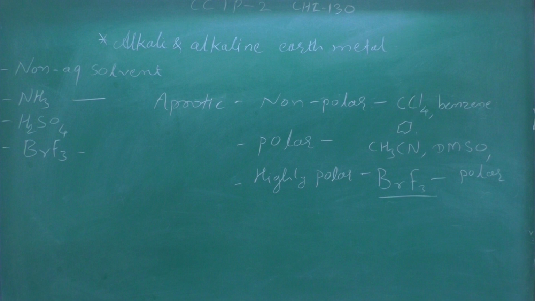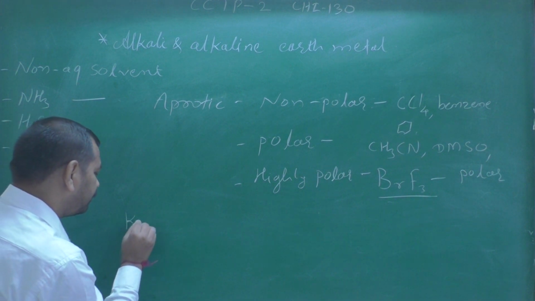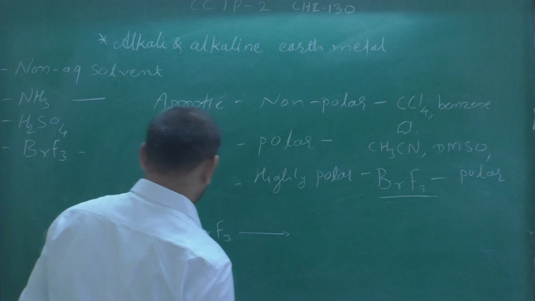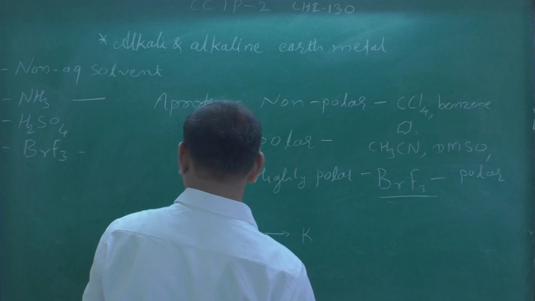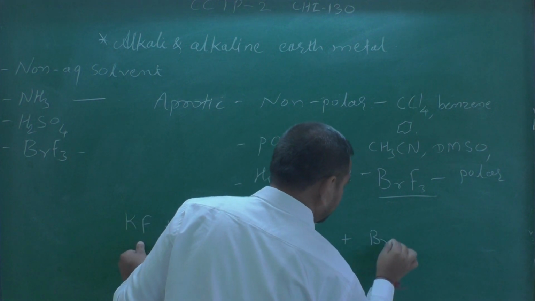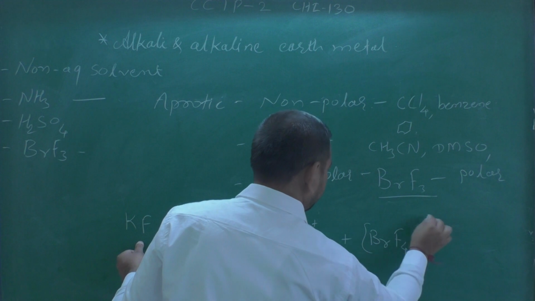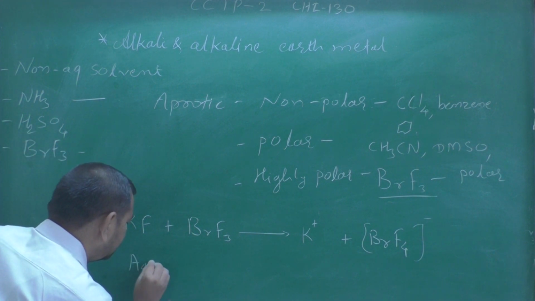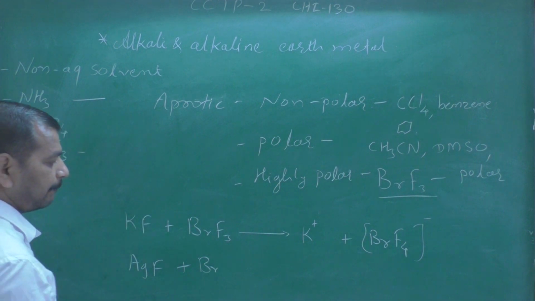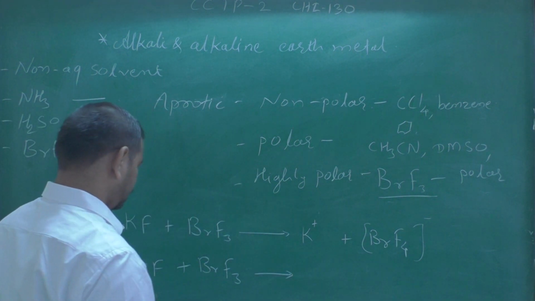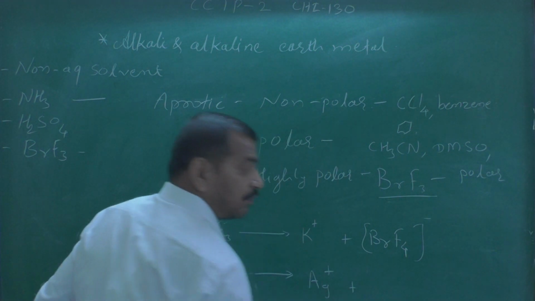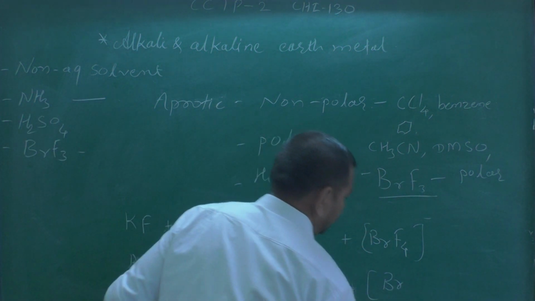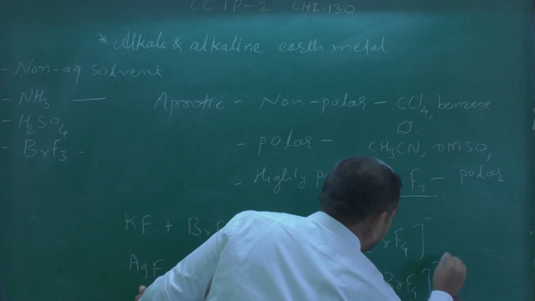In this reaction, we explained that bromine trifluoride acts as an acid in solution formation. The next example is KF plus BrF3; in this, it forms K+ BrF4-. Similarly, AgF reacts with BrF3; it gives silver cation plus the anion BrF4-.